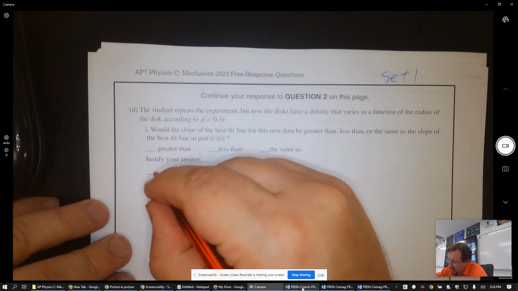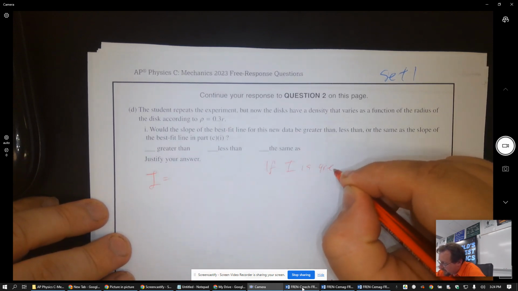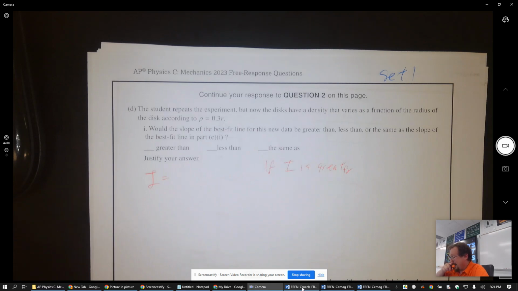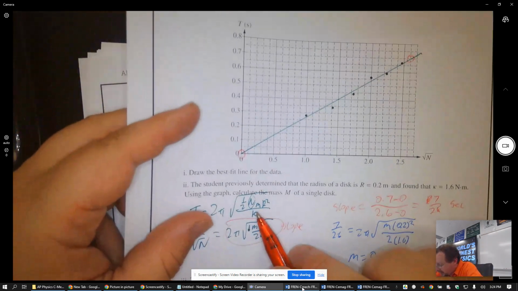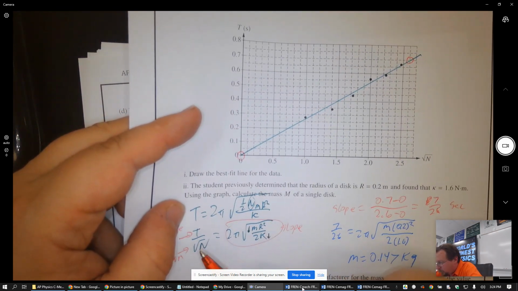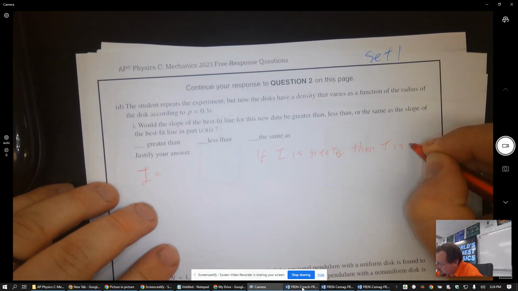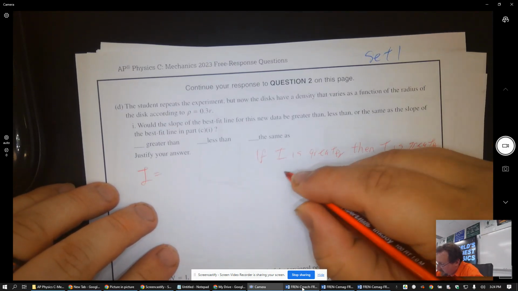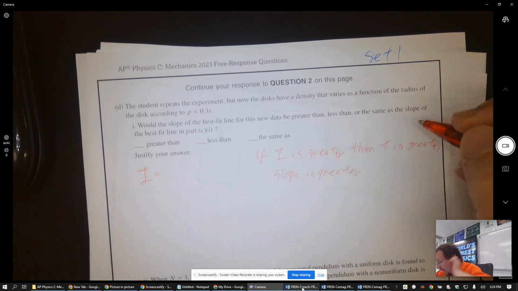Here's what I'm going to say: if the I is greater, the period will be greater and the slope will be greater. So I need to find out if the I is greater or not.